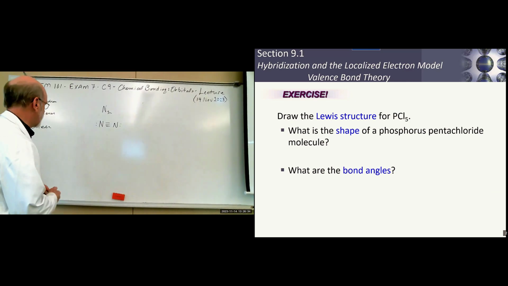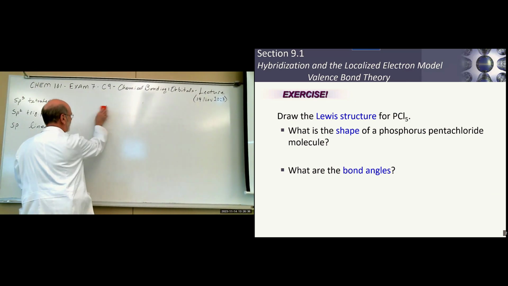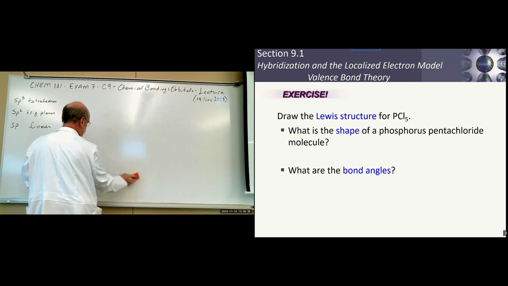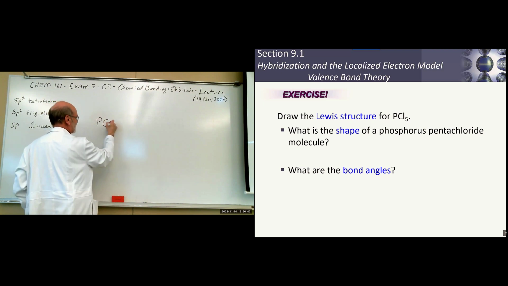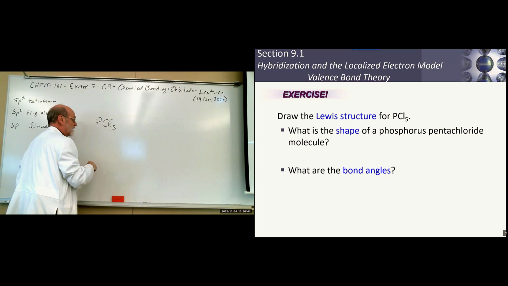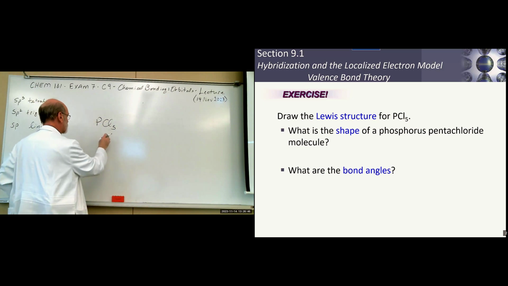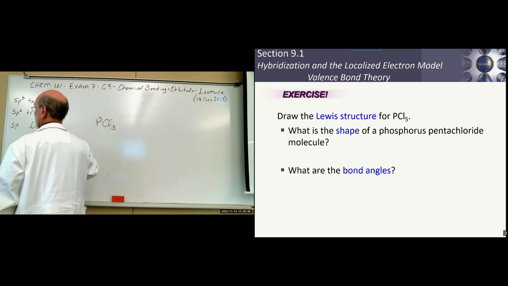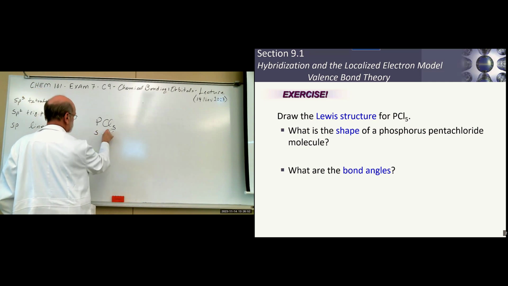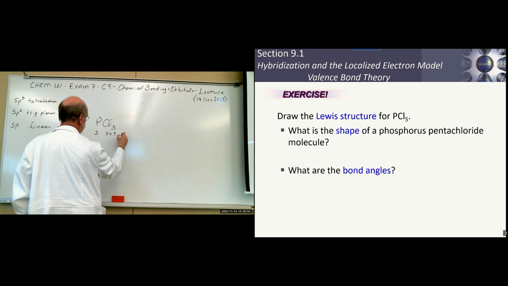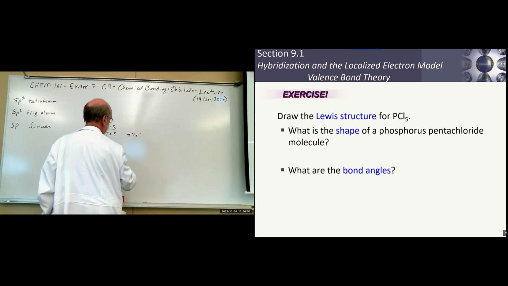How about PCl5? We're not done yet with hybridization. We know what this one should look like. Let's go ahead and do it the whole way through. Phosphorus would be 5. 7 times 5 is 35, so that's 40 electrons.